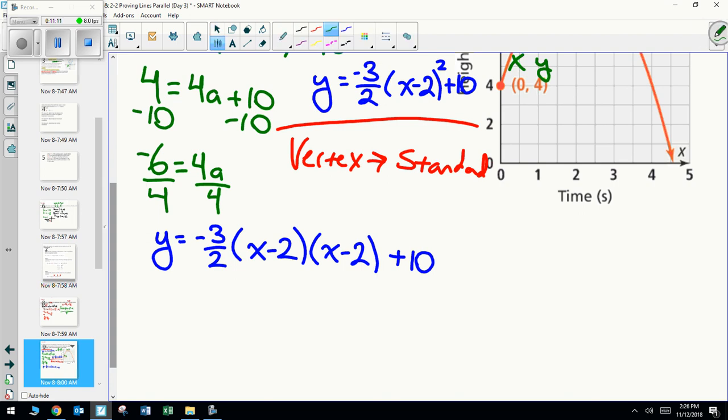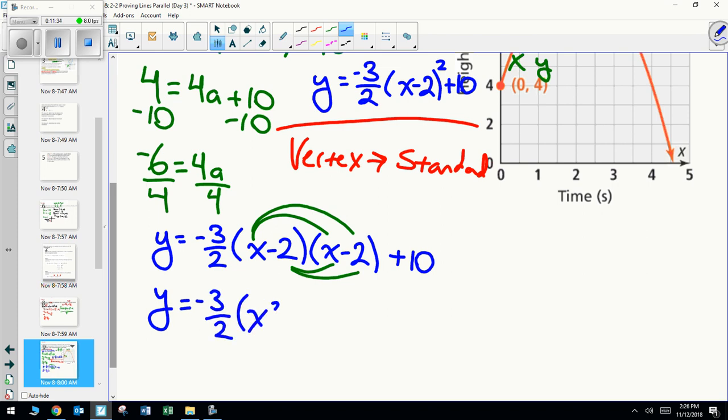So you can think of it as first, outer, inner, and last. Or you can think of it as distributing the x to both terms in the second set of parentheses and the 2 to both terms. And that's going to get us y equals negative 3/2 times x squared minus 2x minus 2x plus 4, plus 10.